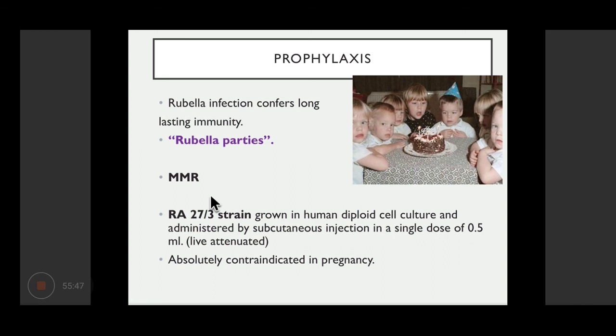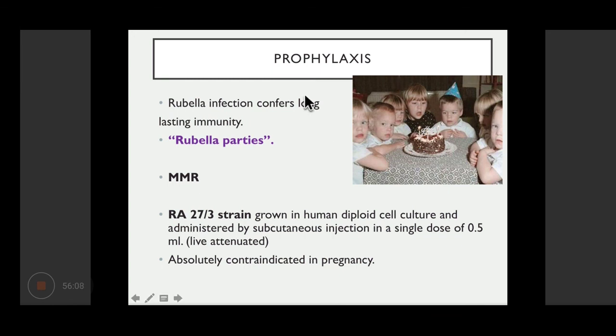the children who were suffering from rubella would be identified, and they would have parties. In that party, they would invite other children who had not yet been infected with rubella, in the hope that they would get infected. Primarily the girls, because they knew about the congenital rubella problem.